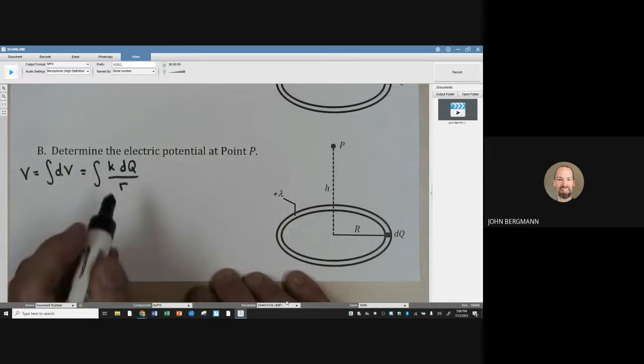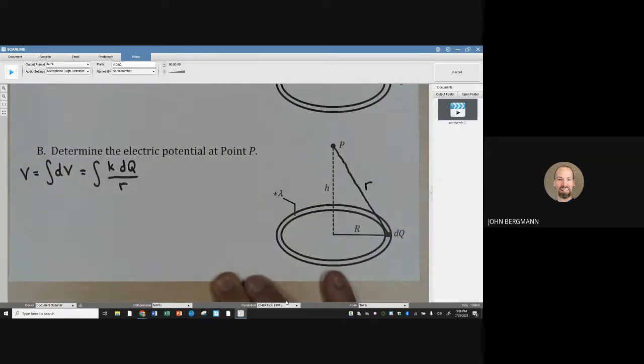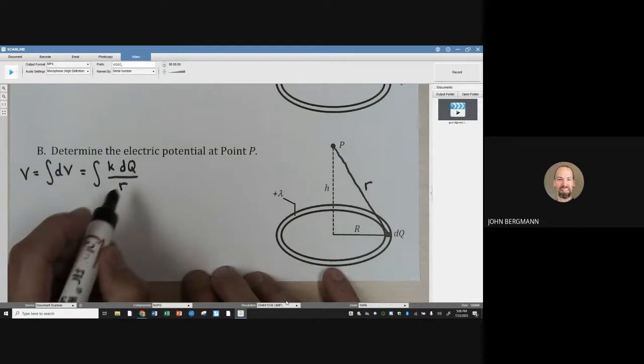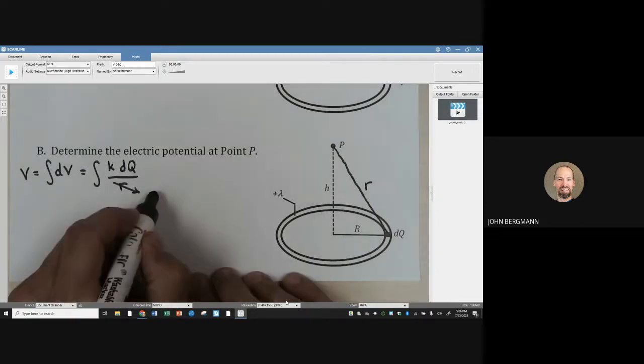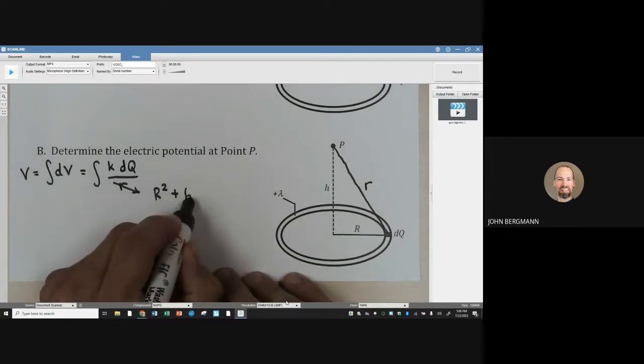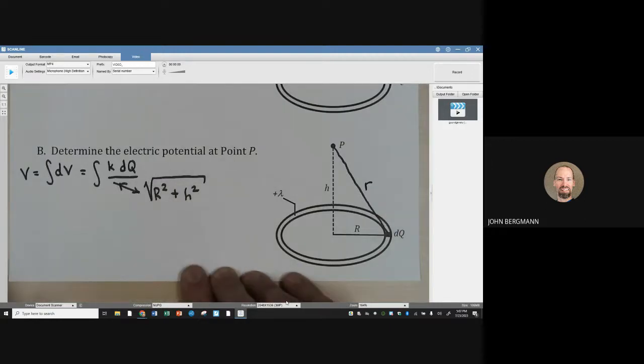Now what's r? R is the distance to there. And so r, if we want to change that denominator, is going to be the square root of capital R squared plus h squared. Now what we notice is that for this specific case, that value of r is a constant for every bit of this ring.